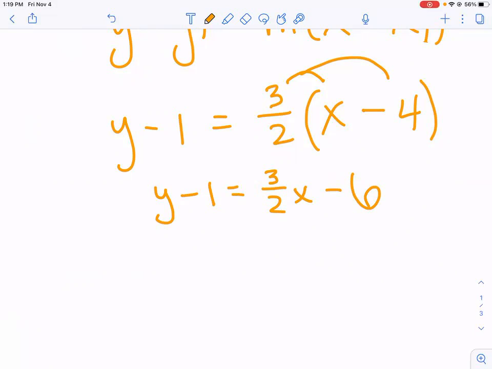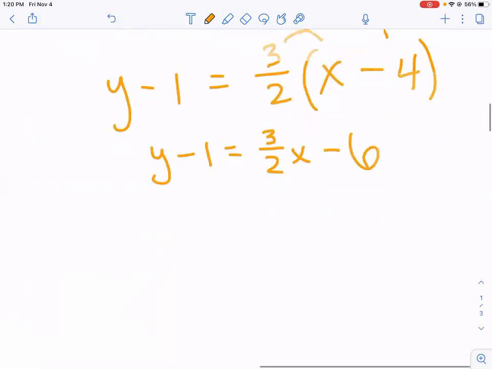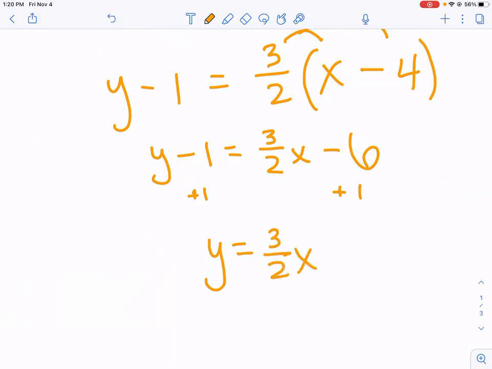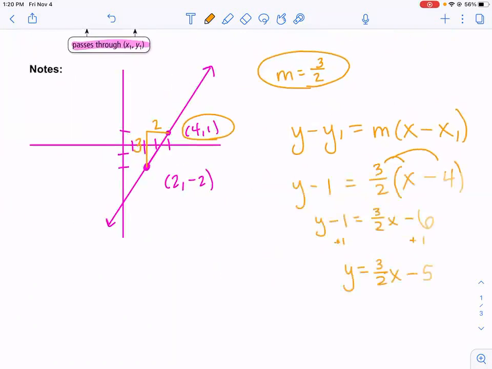So 3/2 times 4: 3 times 4 is 12, divided by 2 is 6. Okay. And so then if I wanted y by itself, I could add 1 and we get y equals 3/2 x minus 5. Does that look reasonable for that graph?